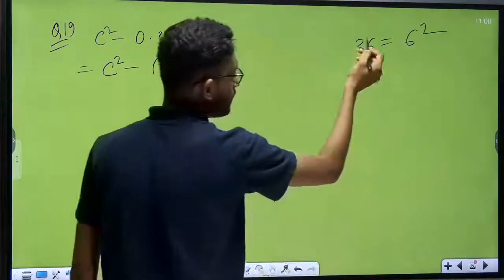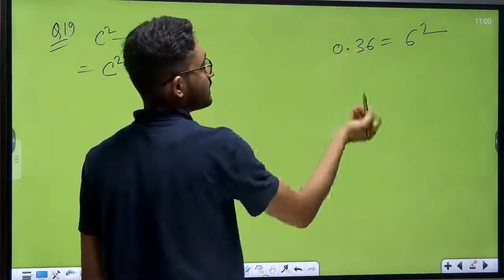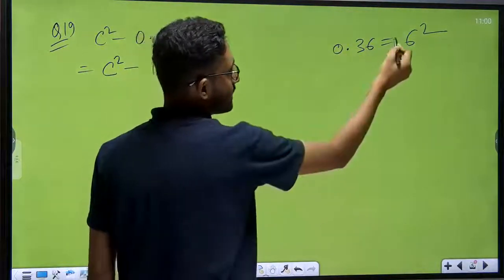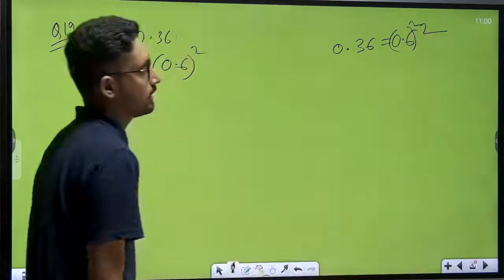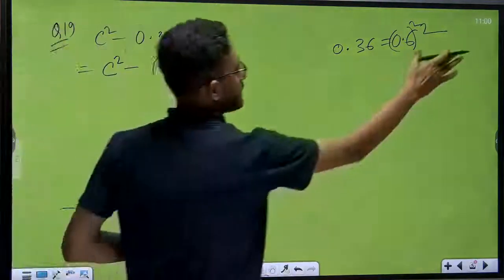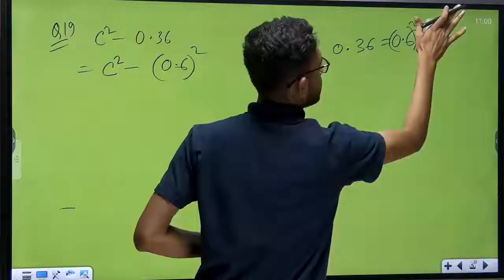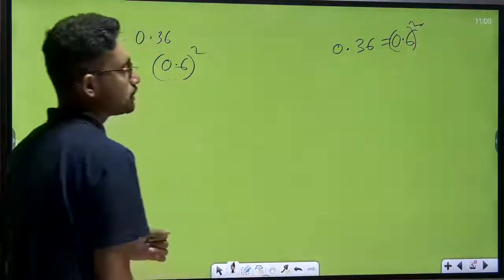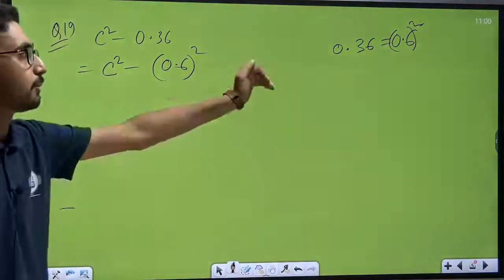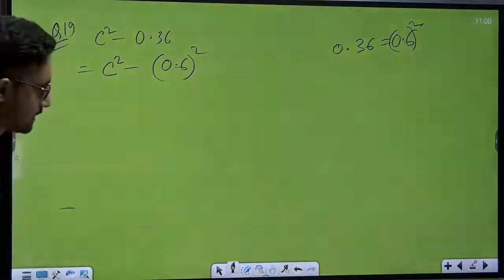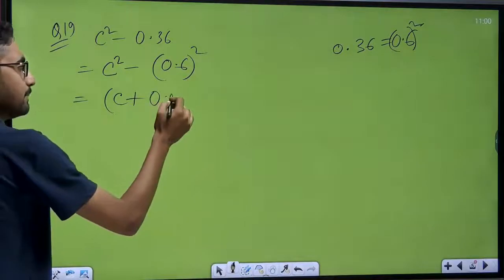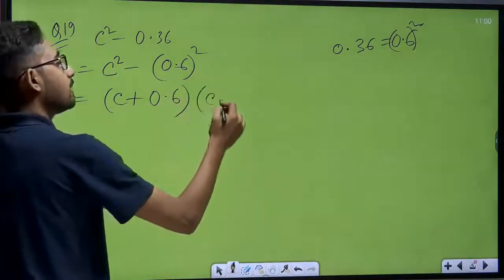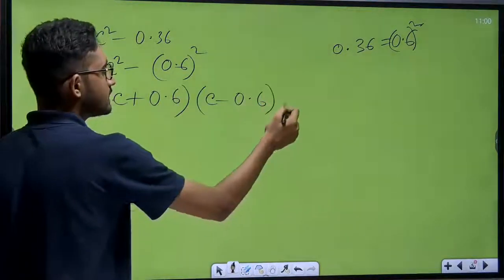But here 0.36 is there. And 0.36, that's why we can say 0.6 whole square. Okay? Sorry, here I wrote it twice. So 0.36 means 0.6 multiplied by 0.6. Now write down here a plus b and a minus b. That is the complete answer.